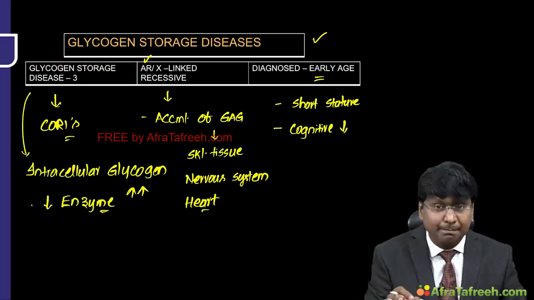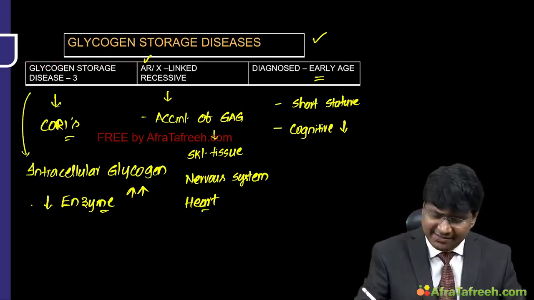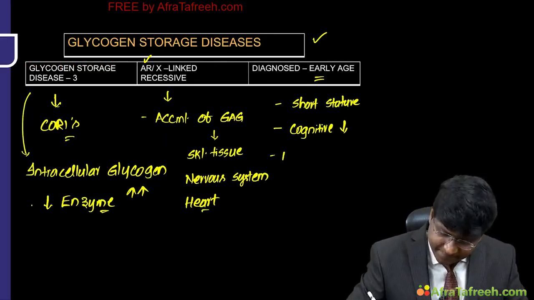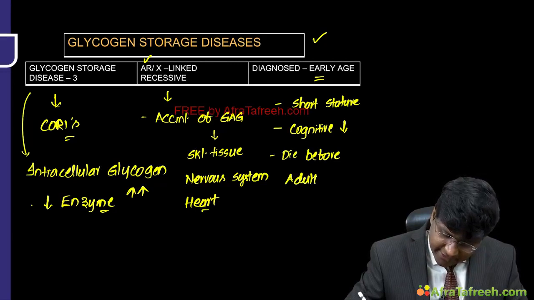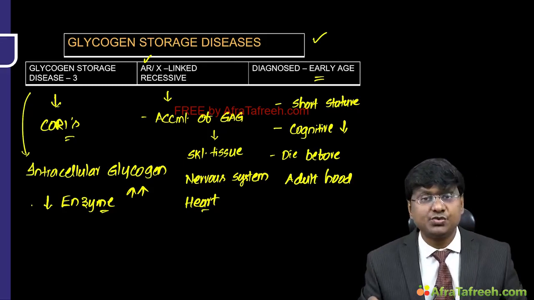Based on this, you can diagnose these individuals early in childhood, and these patients die before adulthood. So this is one of the glycogen storage diseases which can make the individual develop dilated cardiomyopathy.